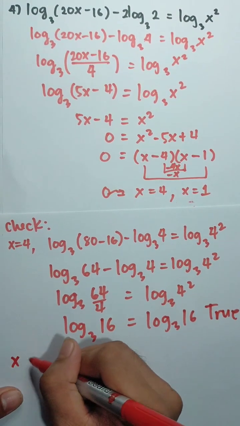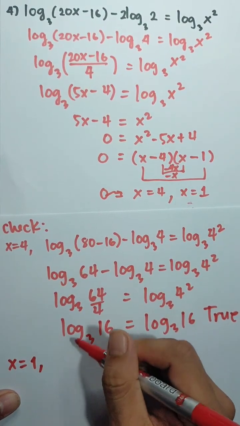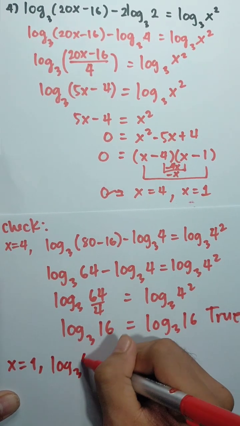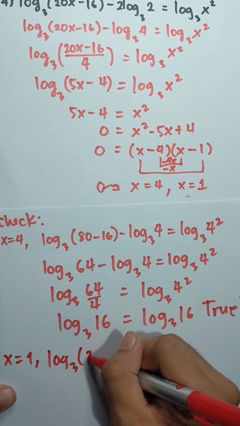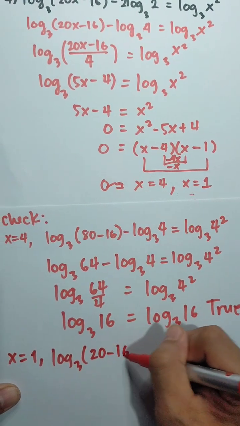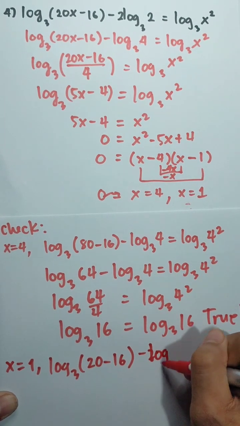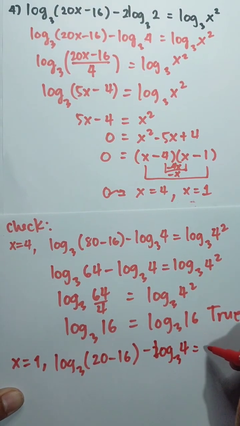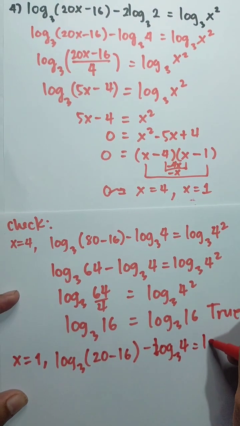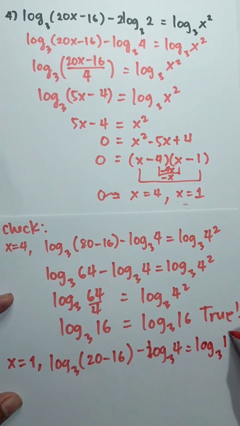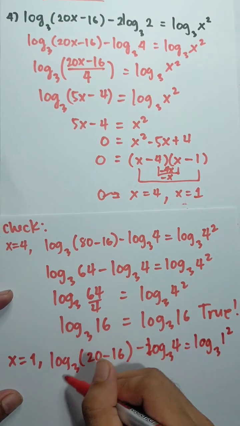Next, let's use x equals 1. Let's see if this is a solution as well. So log base 3, 20 times 1, it's 20 minus 16, minus log base 3 of 4. The right hand side, log base 3 of 1 squared is 1.